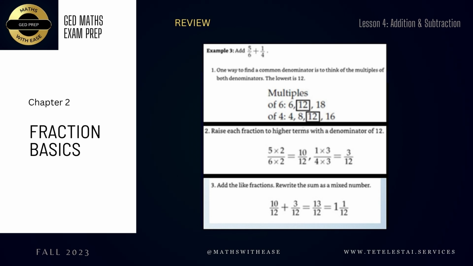So here we're being asked to add 5/6 and 1/4. And immediately we recognize that the denominators in both fractions are different. So one way to find a common denominator is to think of the multiples of both denominators, right? So you can just start by writing down the multiples of 6, which is 6 itself.